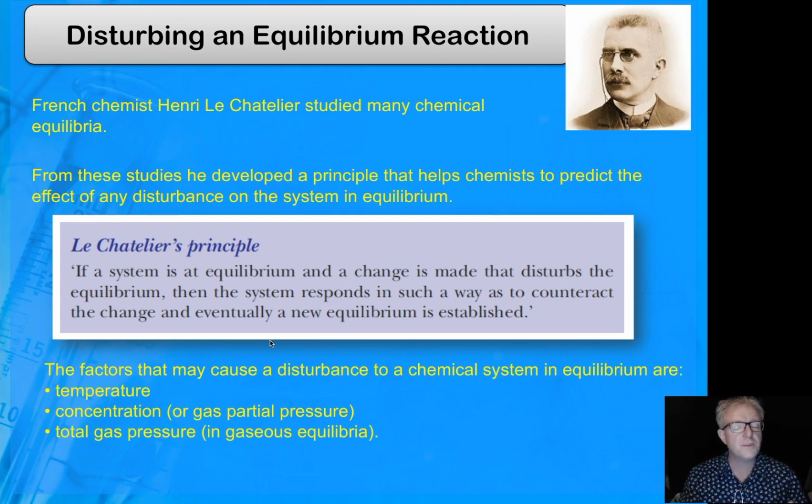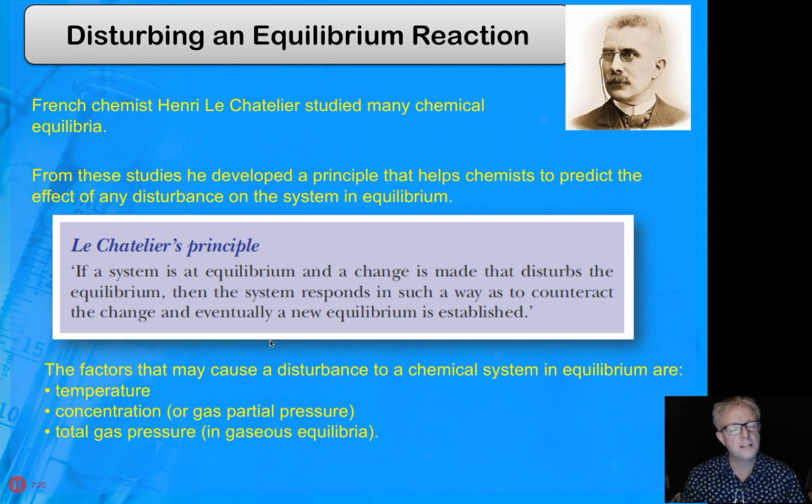If we read it, it sounds very long, but let's dissect it a bit. If a system is at equilibrium and a change is made that disturbs the equilibrium, then the system responds in such a way as to counteract or oppose the change, and then a new equilibrium is established.